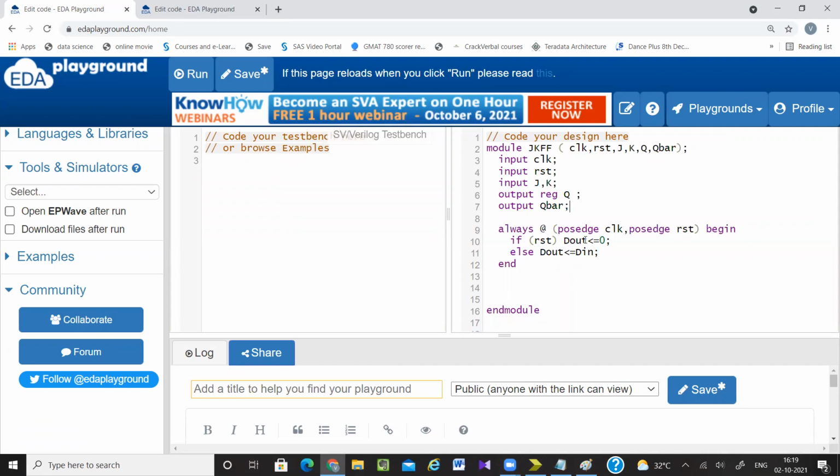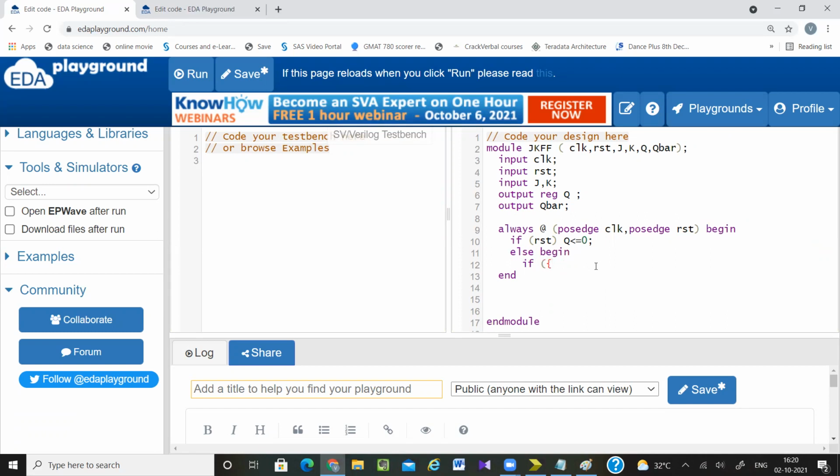So if reset, then Q equal to 0, else begin. So here I have to write 4 combinations. If you are comfortable with conditional operator, using conditional operator also you can write, or you can write using if else statement.